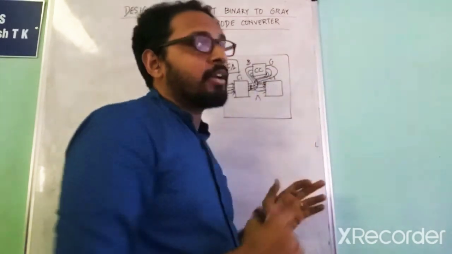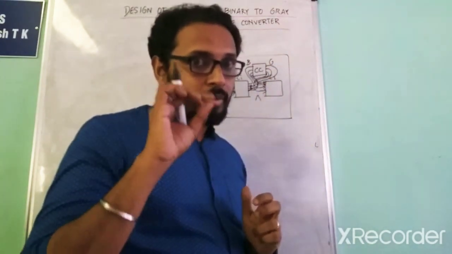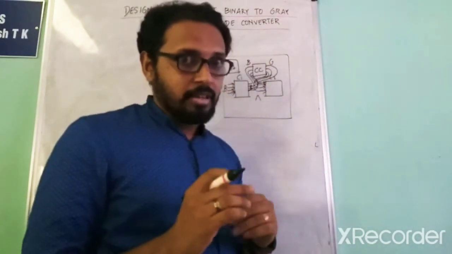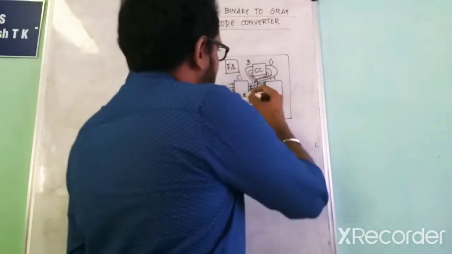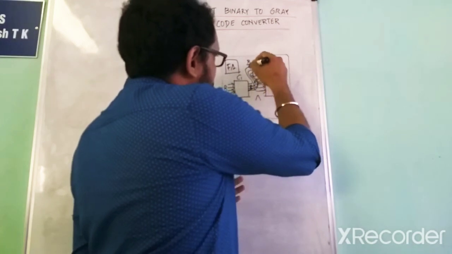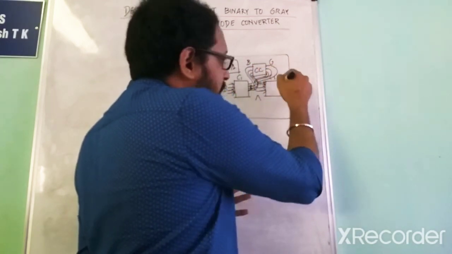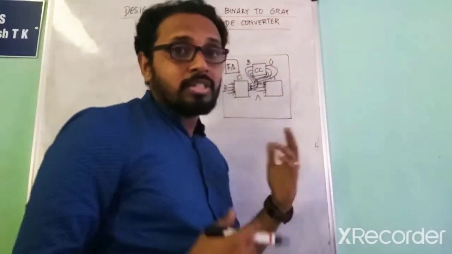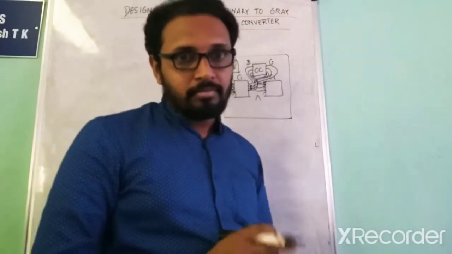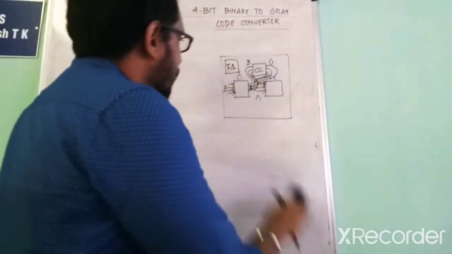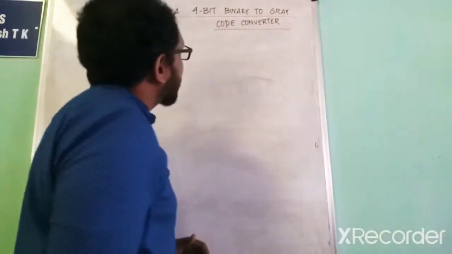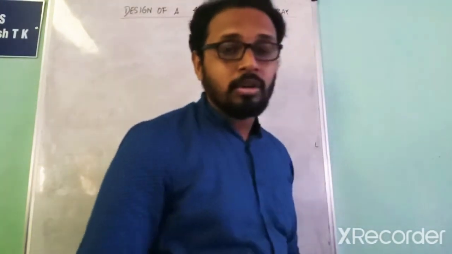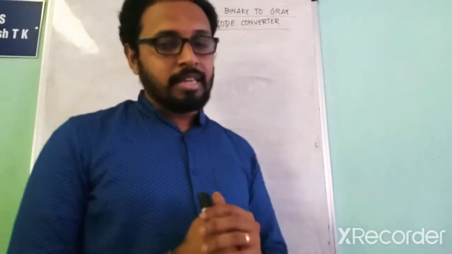Binary code and gray code will not be compatible, so there should be a mediator device that converts the binary code to gray code. The binary input is converted to gray output and fed to circuit 2.